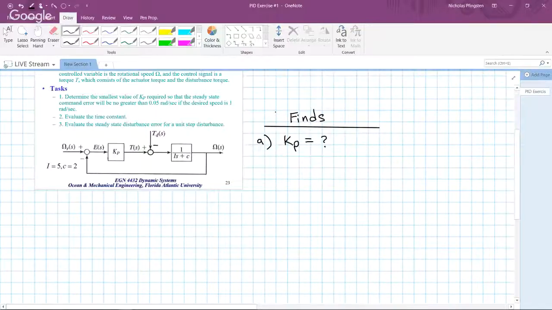So in this case, and I'm going to abbreviate, the steady state command error, it says will be no greater, so will not be greater. So we don't want it greater. So it'll be less than or equal to 0.05, and that'll be obviously radians per second.